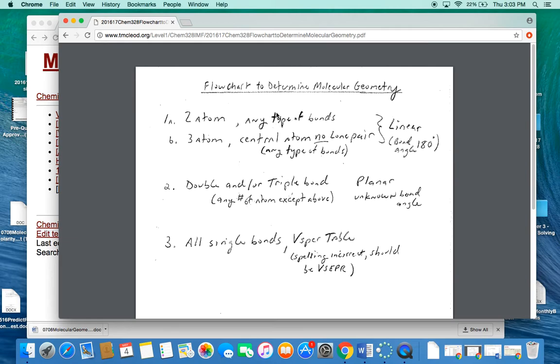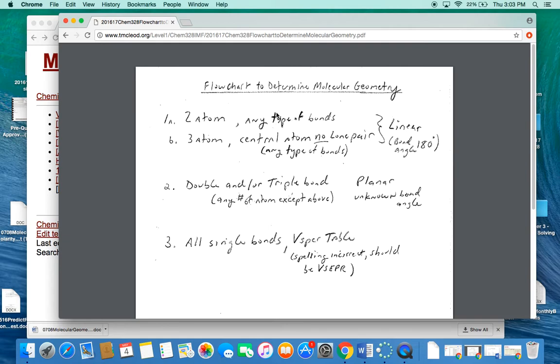Okay, but for level 1 kids, if you have a double bond or a triple bond, and it doesn't make a difference how many there are, what I'm going to do is make your life easier, and we're not going to get specific. We're just going to say those substances will be planar.